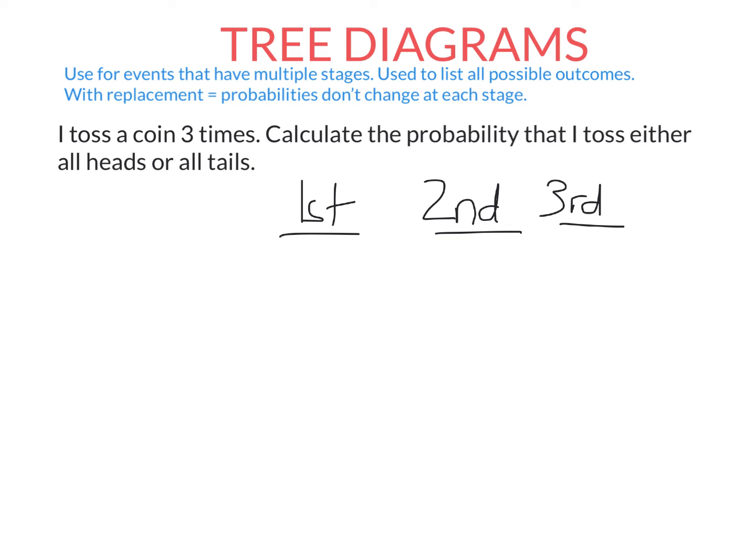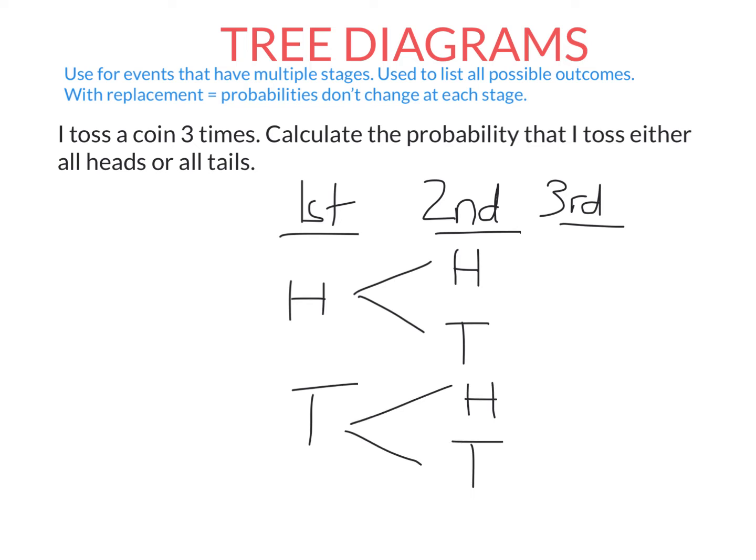At the first stage, if you toss a coin, you can either get heads or tails. Similarly, when you toss a coin the second time, you can get heads or tails. So we need to draw some branches here, because if you got a head the first time, you can get heads or tails the second time. If you got tails on the first toss, you can still get heads or tails on the second toss.